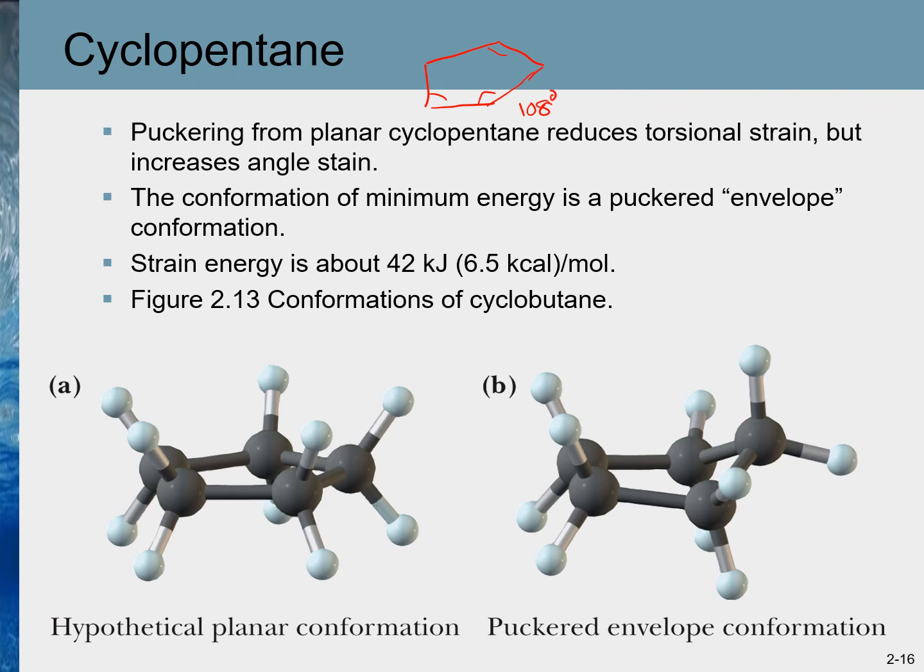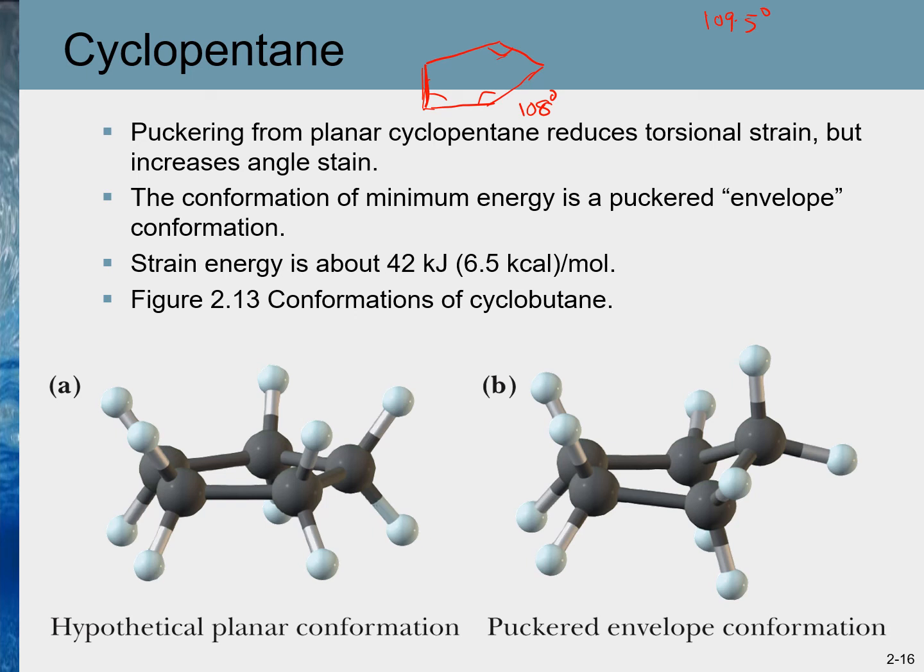Now 108 degrees is almost perfect because ideally the angles should be 109.5 degrees. So this gives cyclopentane quite an advantage when it adopts this conformation, because now it can have a minimum amount of angle strain.